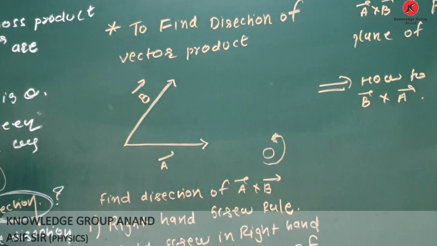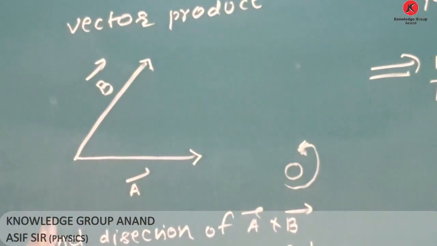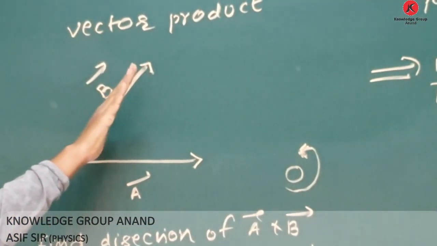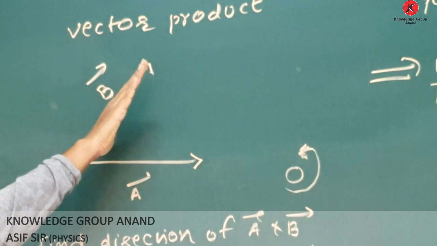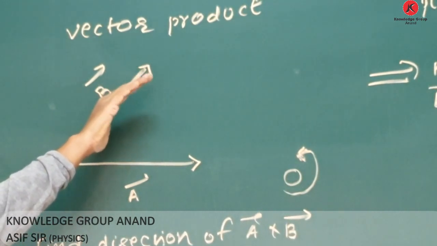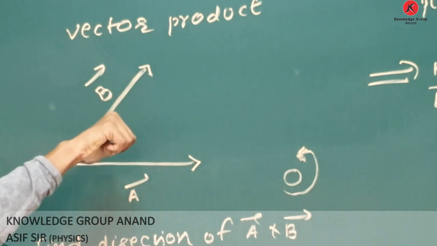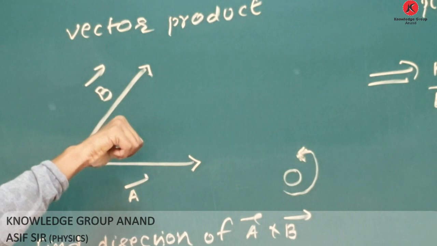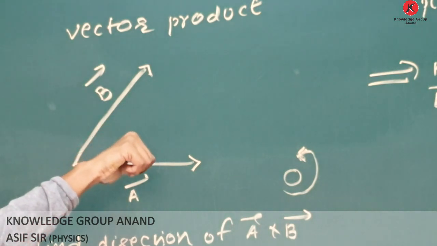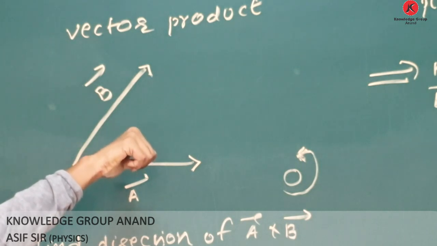Clear about this? Again, first of all, put your right hand in the direction of vector B. Then sweep your fingers towards vector A. Then this thumb gives the direction of B cross A. You can't see this thumb, but I can see it. It is perpendicular to the board, going inside.